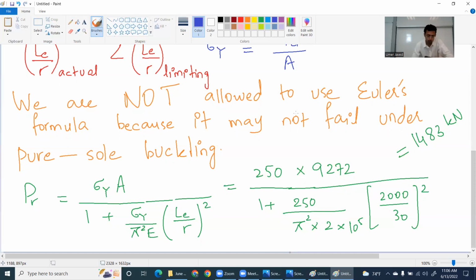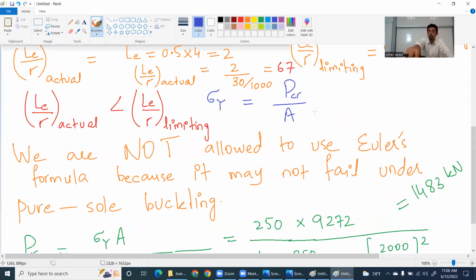Now I am trying to answer his question by saying, if you're not convinced with this assumption, let's say that pure yielding is happening. What is the formula? P over A, we all know, right? So what is P critical?